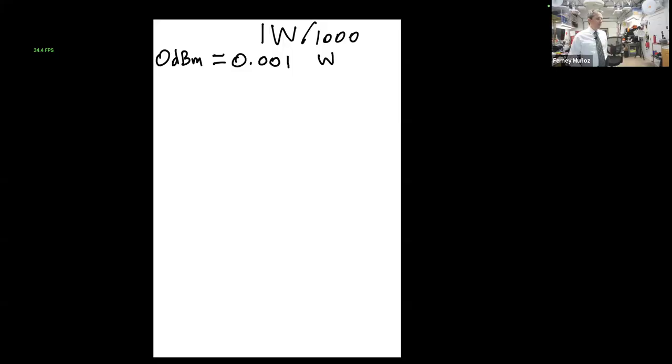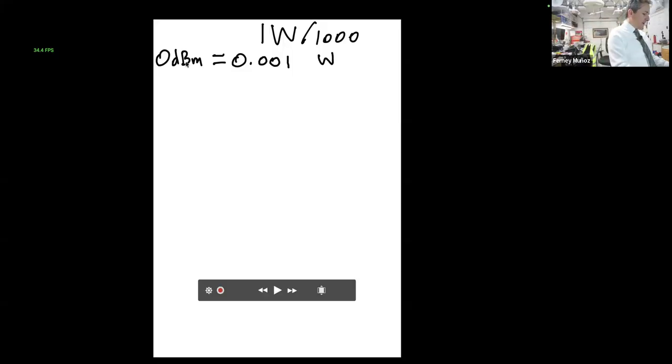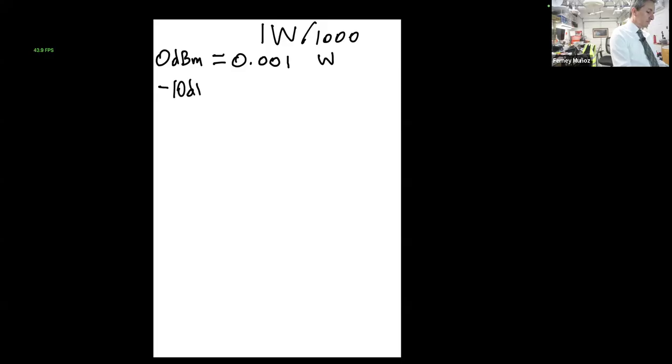Okay. So let's say 0 dBm, that's 1 milliwatt of power. If we go to minus 10 dBm, what does minus 10 mean on the other side?